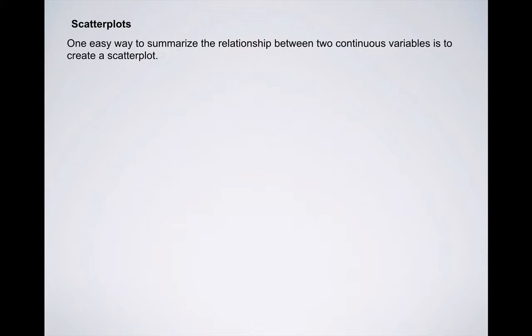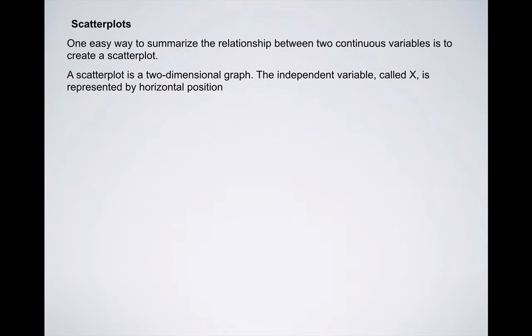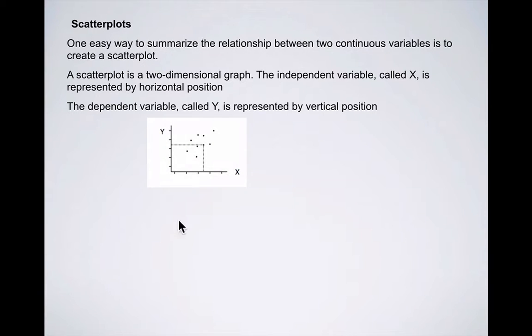So now, one easy way to summarize a relationship between two continuous variables is to create a scatter plot. A scatter plot is a two-dimensional graph. The independent variable goes on the x-axis, or the horizontal axis, and the dependent variable, the y, is represented on the vertical axis. Here we've got an example of a scatter plot.